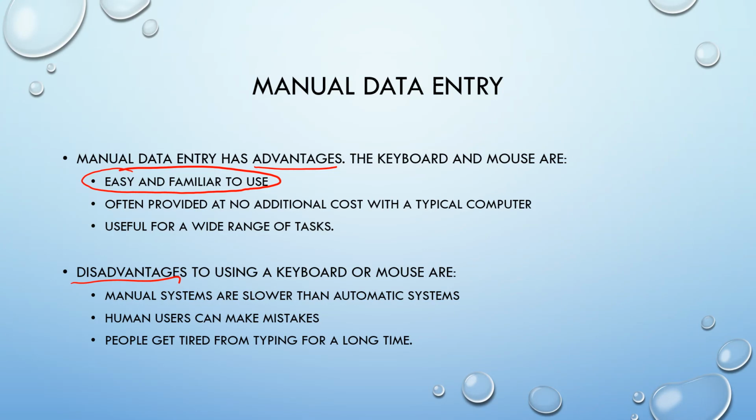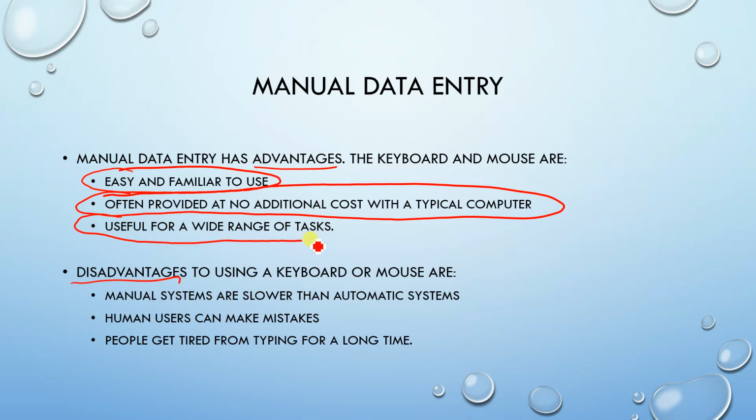And even if you don't, they're very simple to get the hang of. Number two, they're often provided at no extra cost when you buy a computer. And obviously if you buy a laptop, they're definitely provided because they're inside of the laptop. And number three, they're very useful. Alright, they're useful for a wide range of tasks. Most things you do, you're going to use a keyboard and a mouse to do, and they're very convenient.